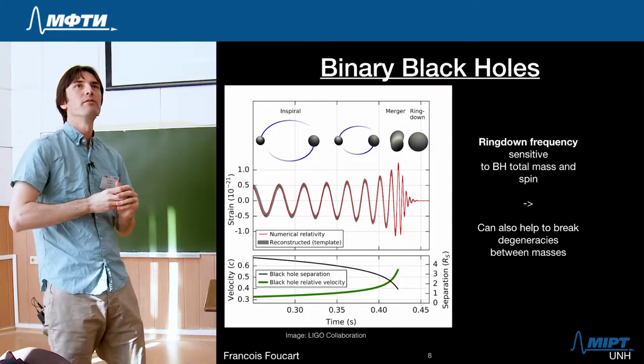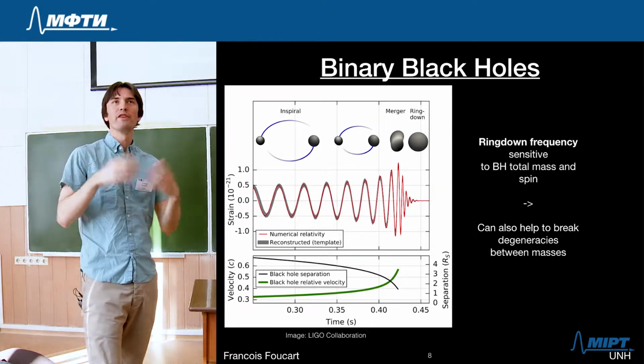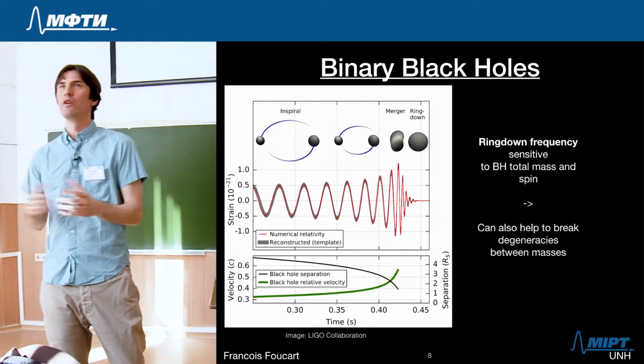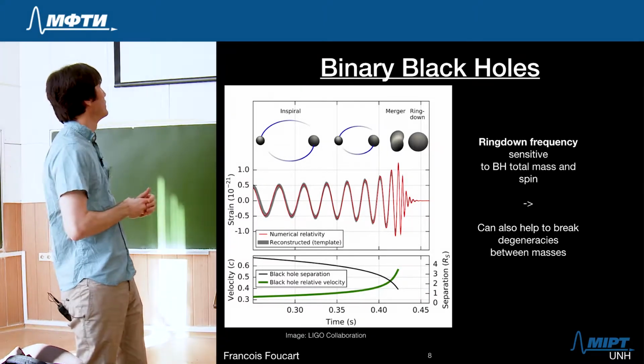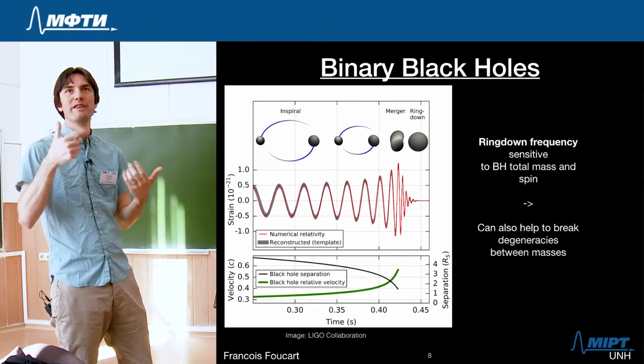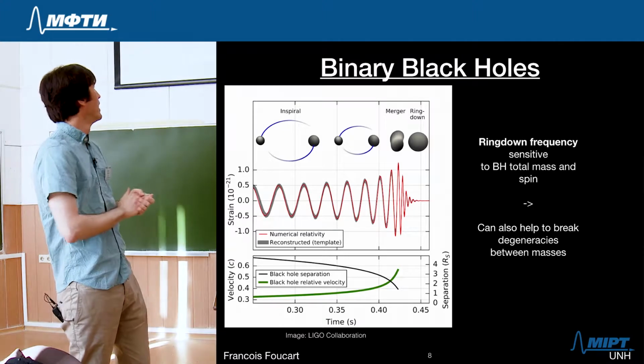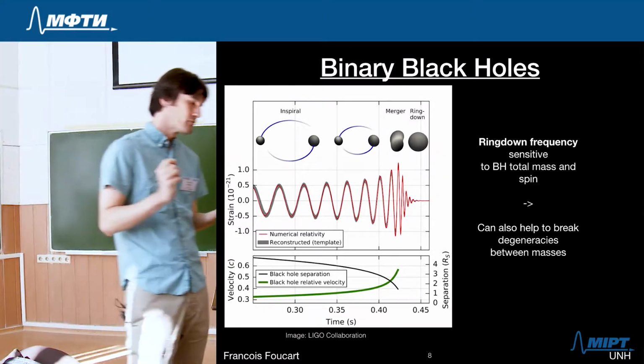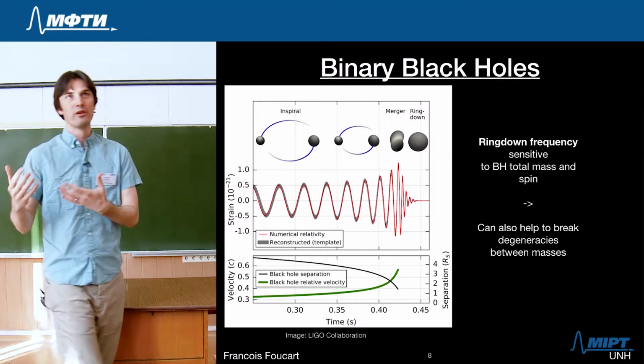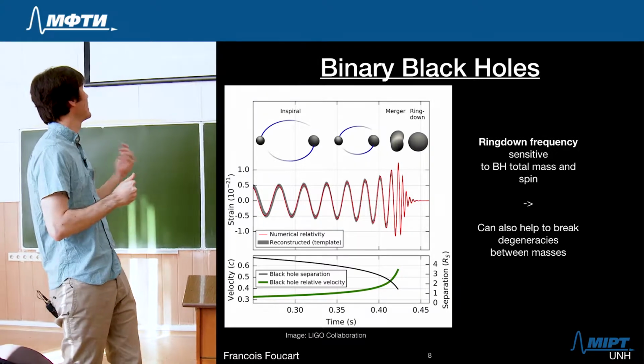And that ringdown is a combination of all the excitation modes of the black hole. But pretty quickly, you are left with only a few of the least damped modes that contribute to that signal. And the frequency of those modes depends on the mass of the black hole, and the spin as well.